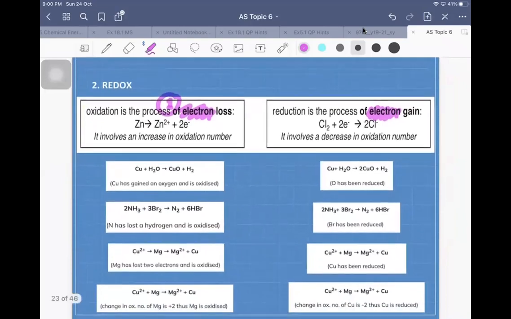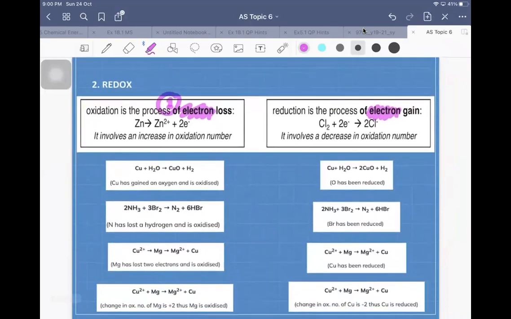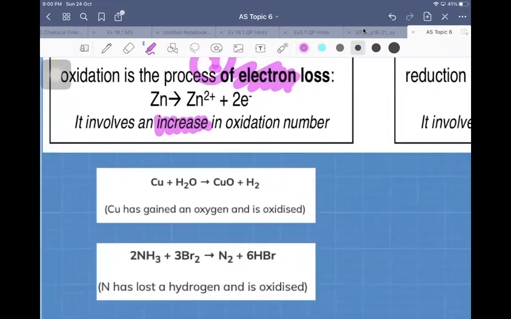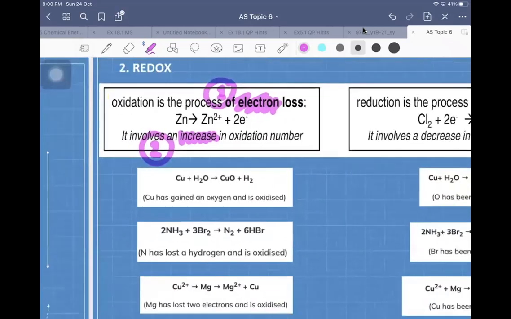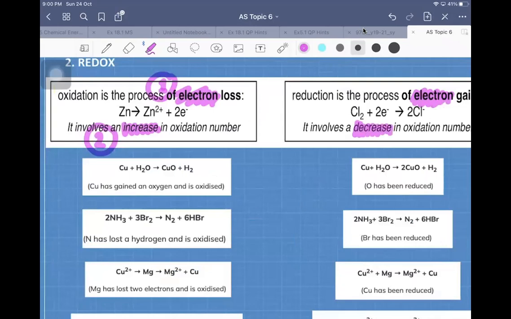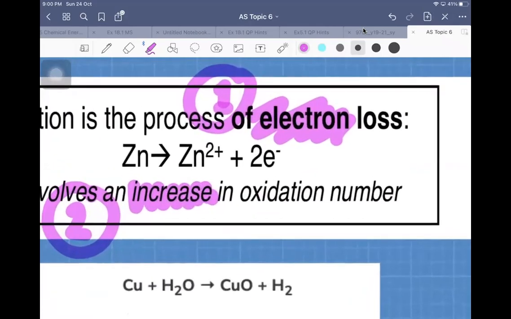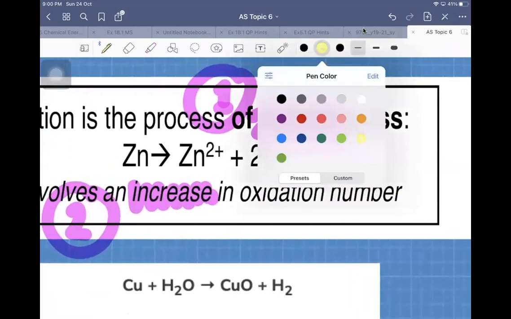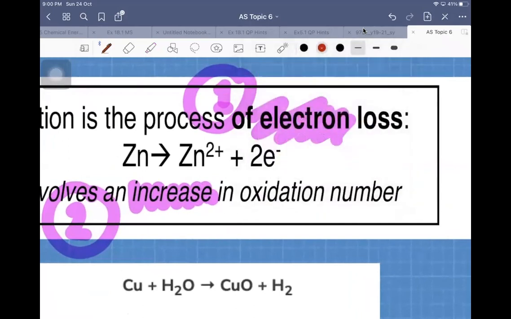The next way is looking at oxidation state. If the oxidation state or oxidation number increases, then that reaction is an oxidation process. This is probably new for you. Likewise, if it decreases, then that reaction is a reduction process. Quickly working out the oxidation number: zinc is a neutral atom, so zinc would be 0.